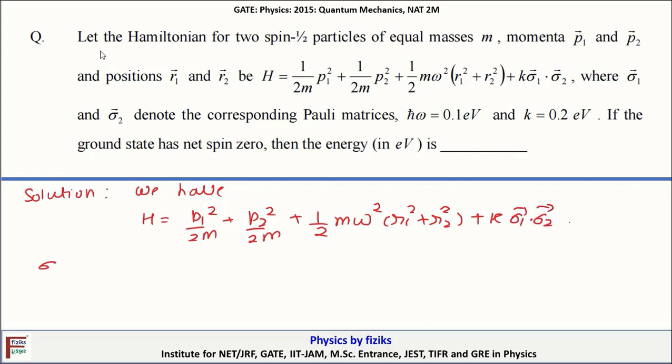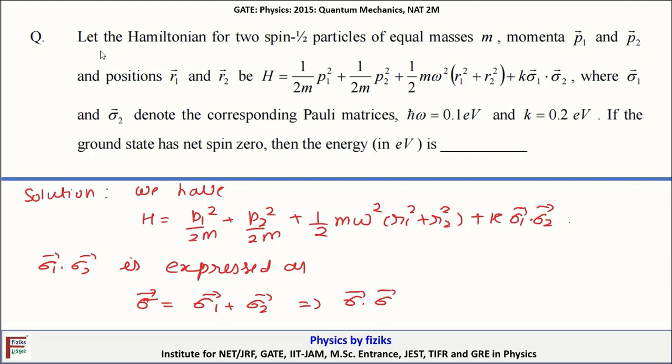Now sigma 1 dot sigma 2 is expressed as: sigma equals sigma 1 plus sigma 2, which implies sigma dot sigma equals (sigma 1 plus sigma 2) dot (sigma 1 plus sigma 2).